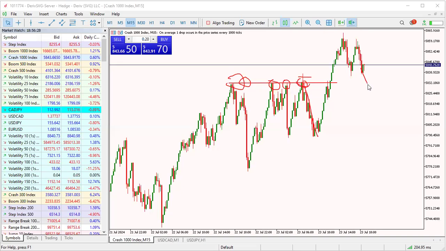When it comes to retest this level, you are allowed to buy the normal way that we buy. You wait for a 15 minute green candlestick, and then you buy, waiting for it to push up. You can trade it the normal way on any time frame if you wish, okay?